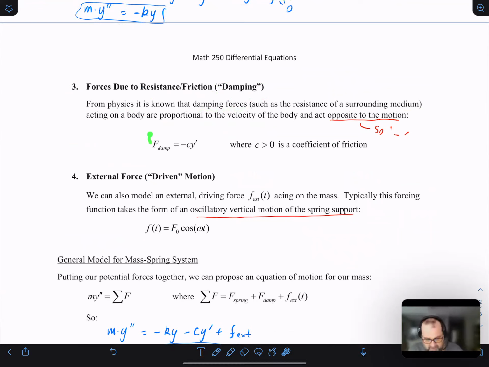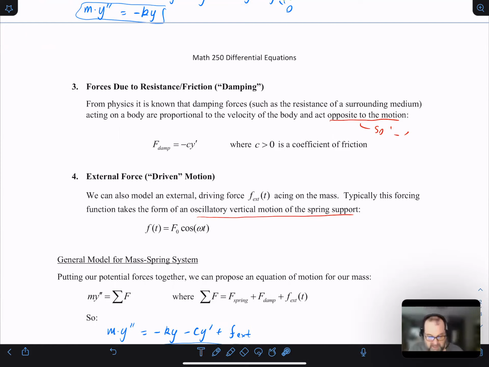So F damp, the force due to damping, will be negative, and it is proportional to the velocity. C here is some sort of coefficient of friction, and it is positive. The more friction, the bigger the C, and vice versa. We will often look at some examples where the C is in fact 0.